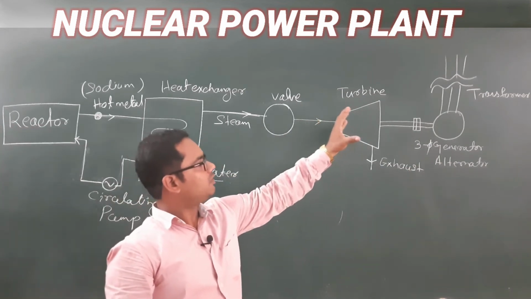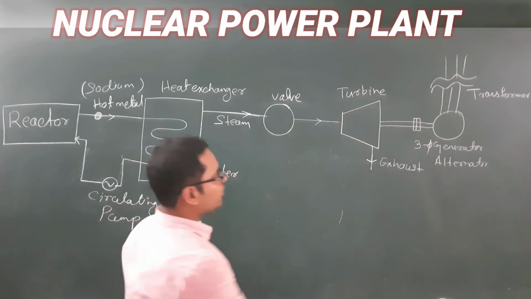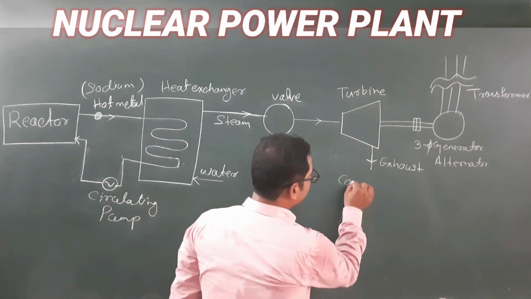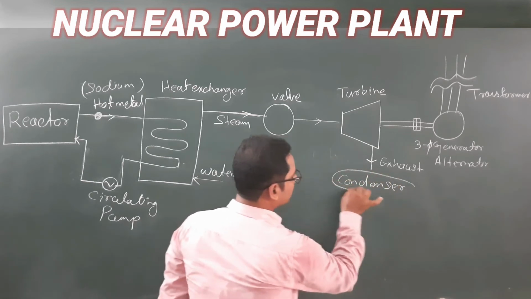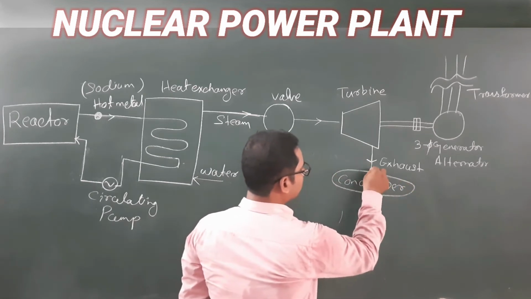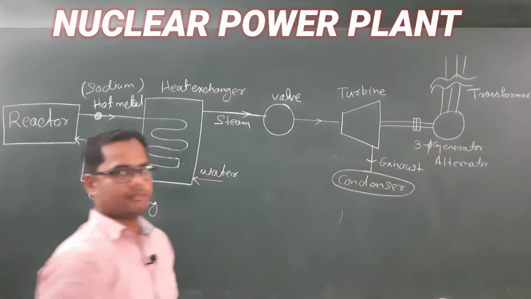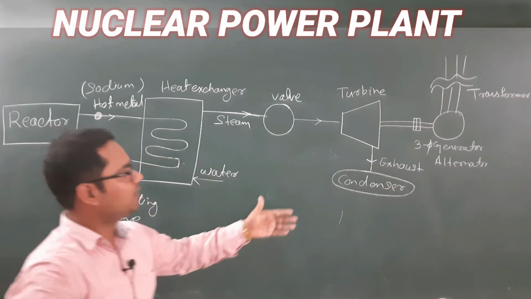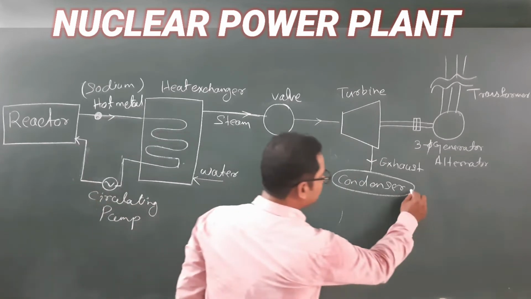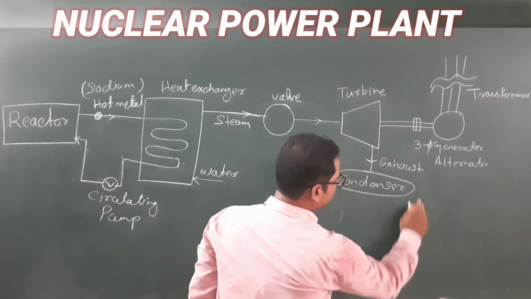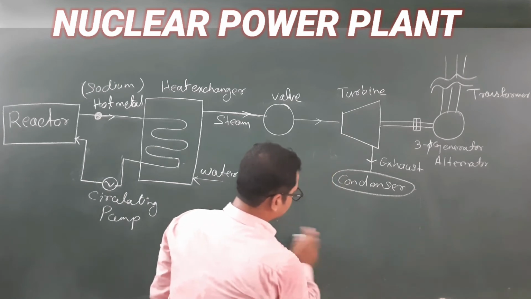The steam gets exhausted to the condenser, and that condenser will cool the steam, meaning after passing through the condenser the steam reduces its temperature.